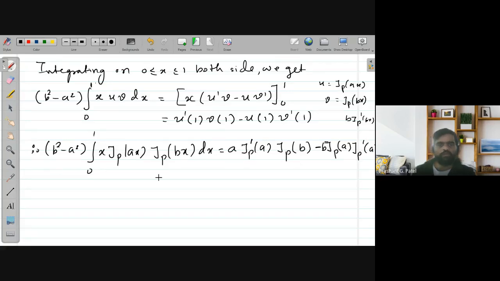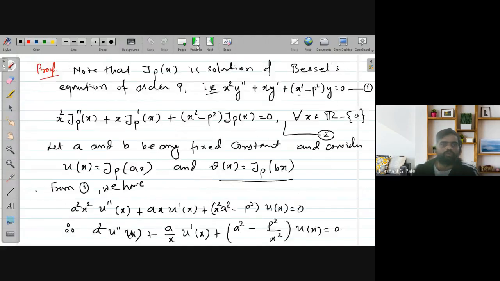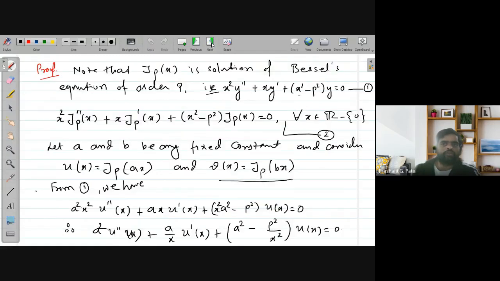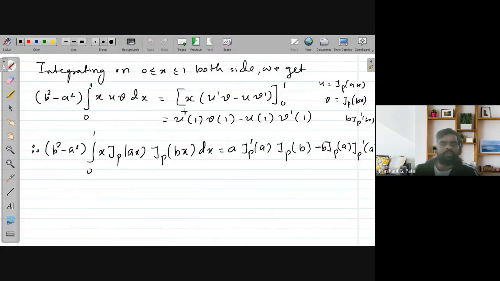Now there will be two possibilities. Let us see what we need to prove. So I need to have Jm and Jn, so that I'm substituting the value of a and b here.